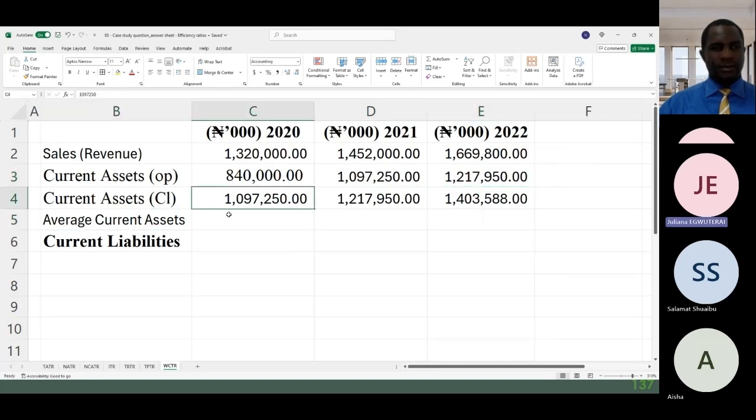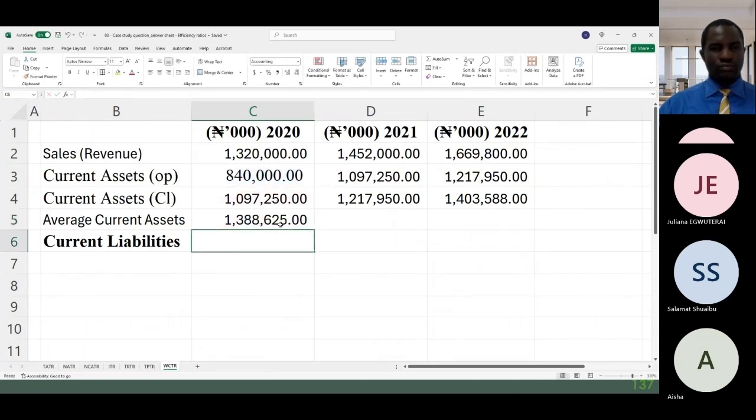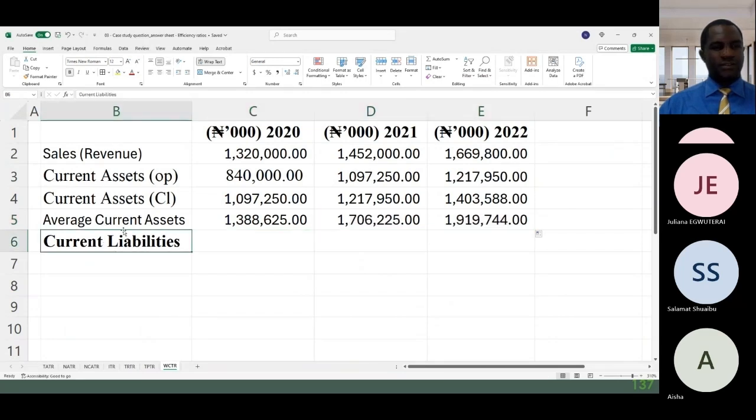Then you have to do it. So take this plus this divided by 2. Just drag. Okay, so that's our average current asset.